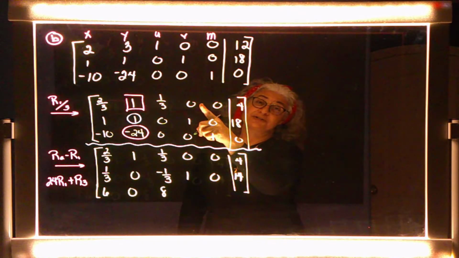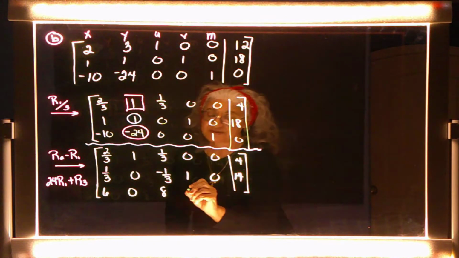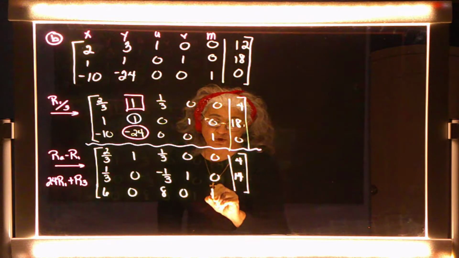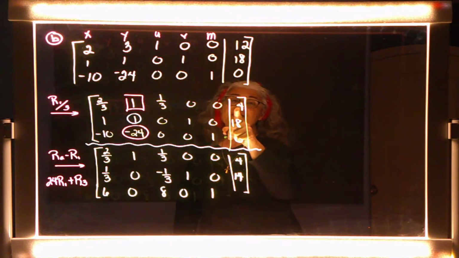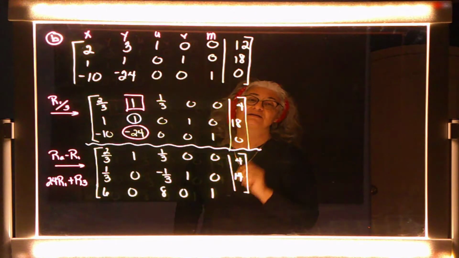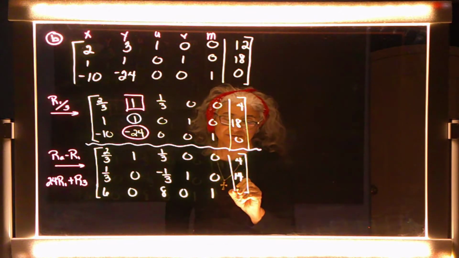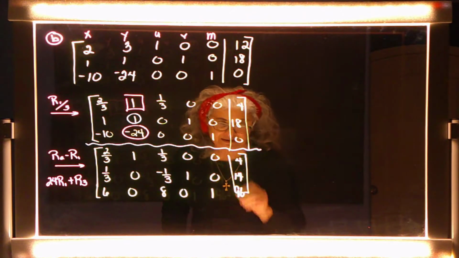Well, 0 times any number is 0, so 0 plus 0 is 0. And 24 times 0 is 0, so 0 plus 1 is 1. And then I've got 24 times 4, which is 96, plus the 0 will give me 96.